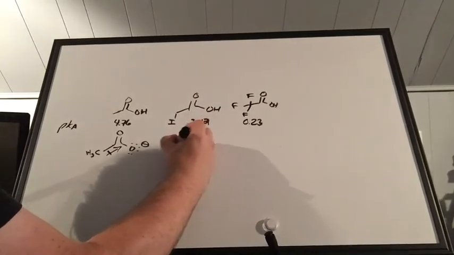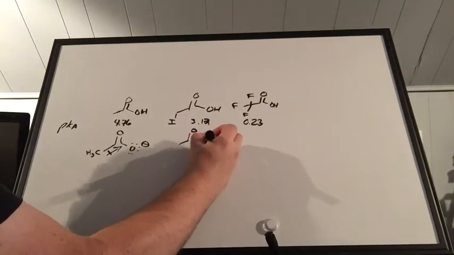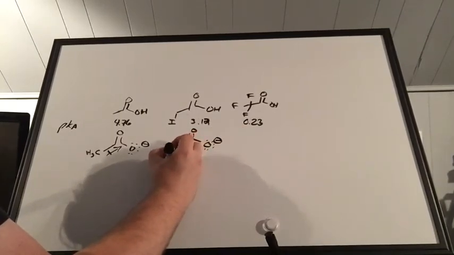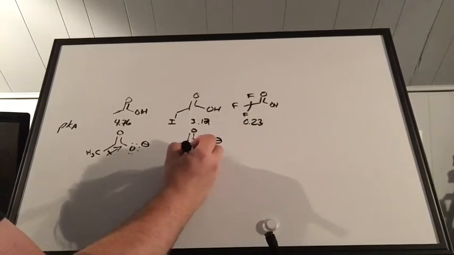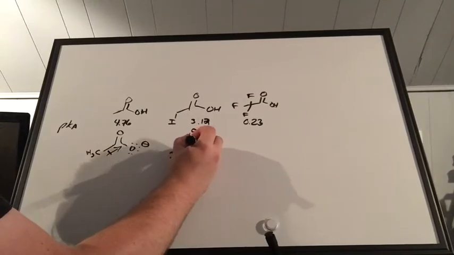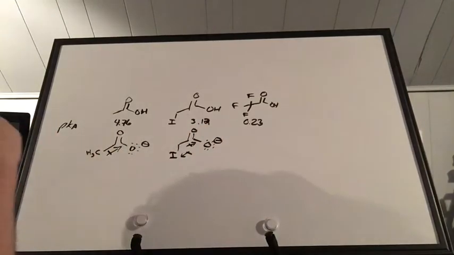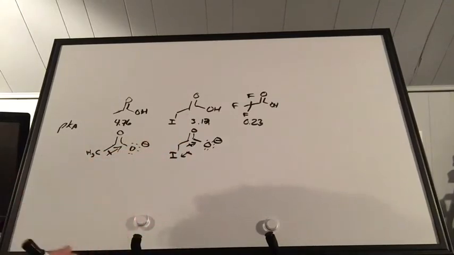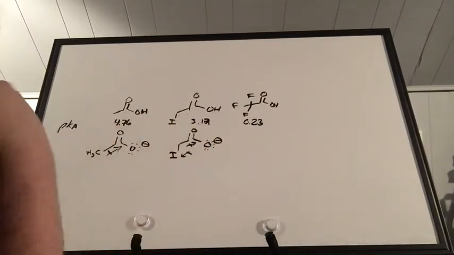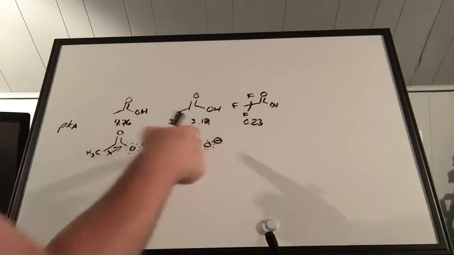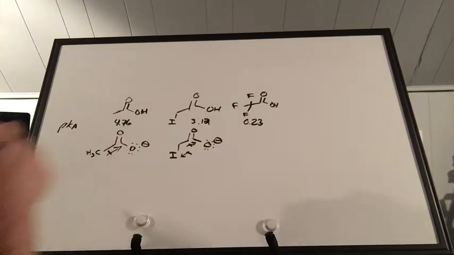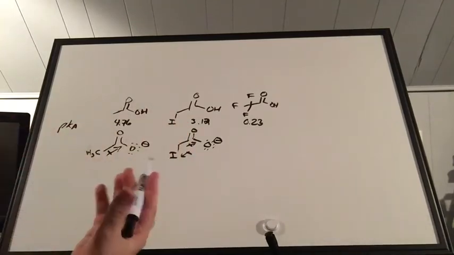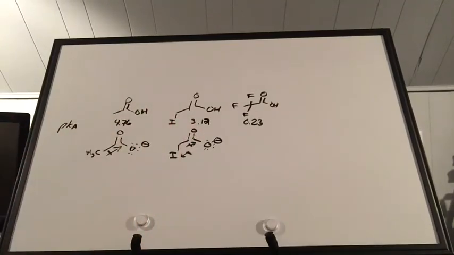Now we have, let's say, the conjugate base form of iodoacetic acid. Okay, so we have a little bit of a fight here in terms of polarity, right? So in other words, if this iodine, which is slightly electronegative, is pulling some electron density away from this sort of seesaw of electrons or a negative charge here, that means that it's slightly stabilizing that ion a little bit more, okay?